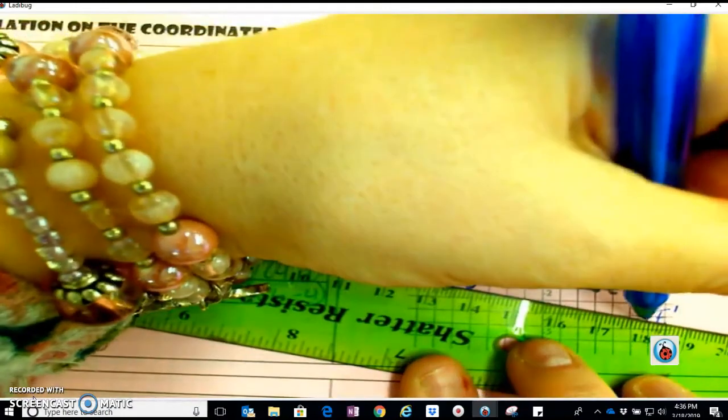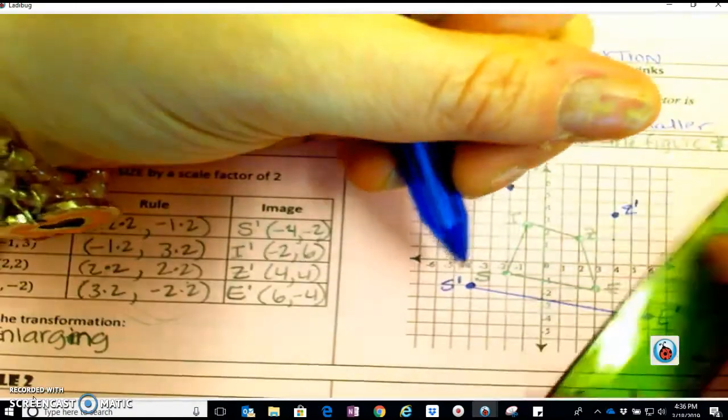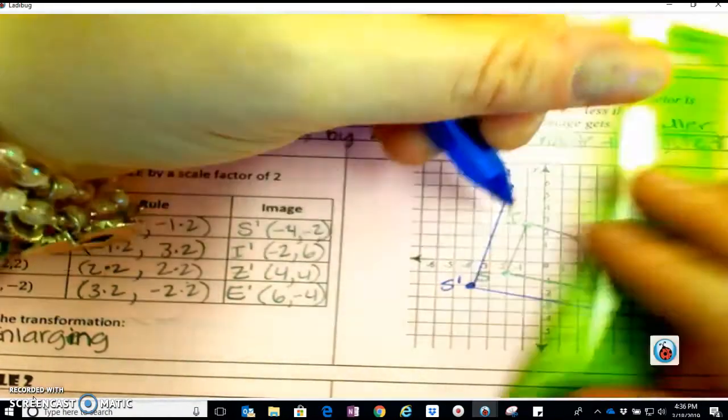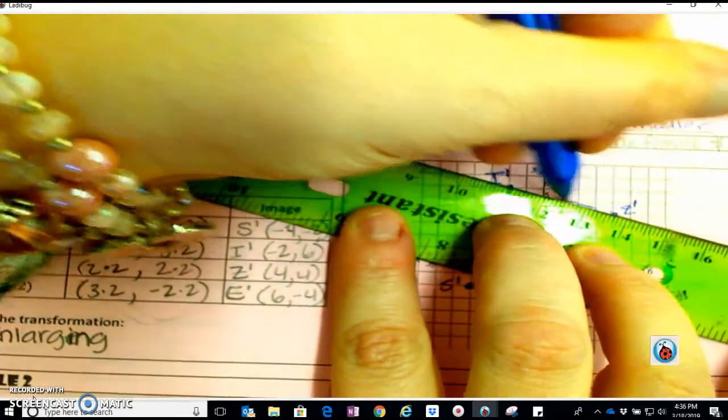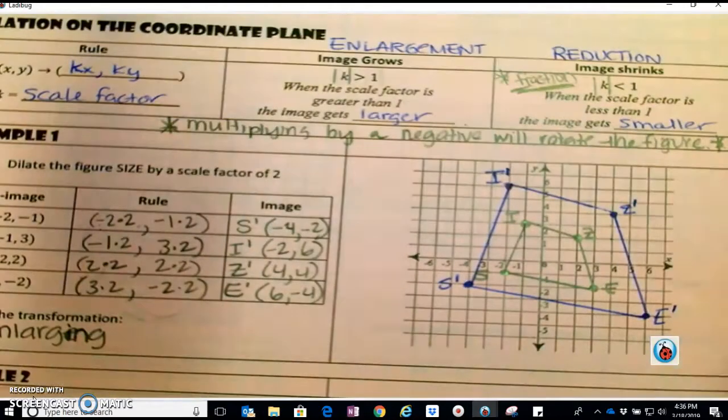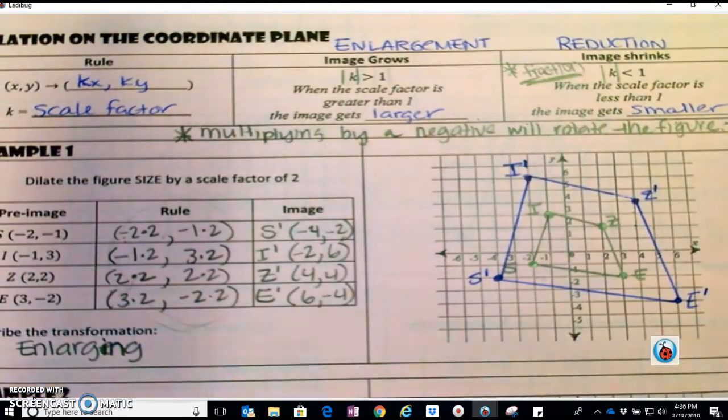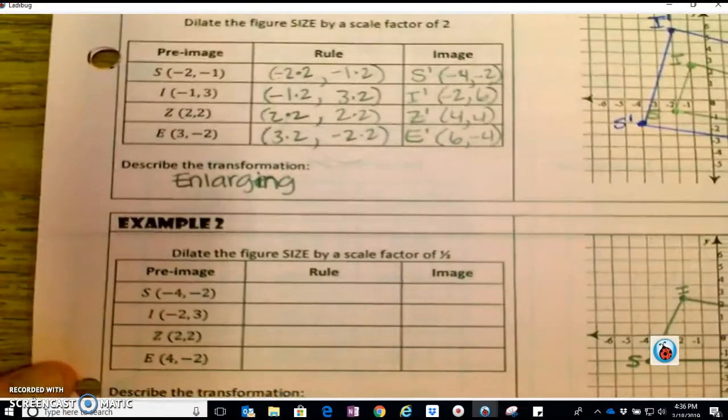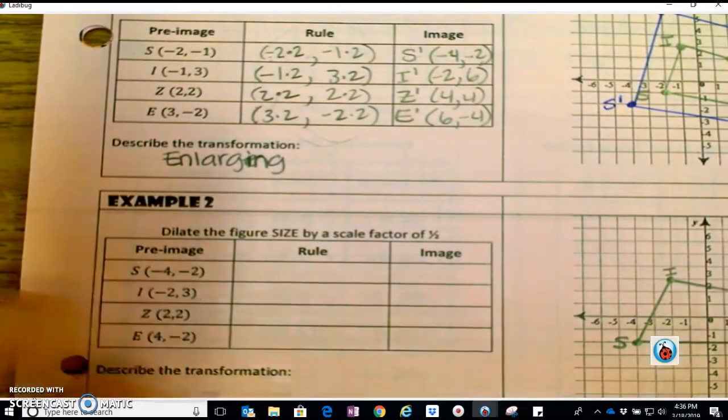So we can see that the shape did in fact grow. And again, make sure that you are labeling your diagrams. Okay? All right, so you want to go ahead and try example 2.